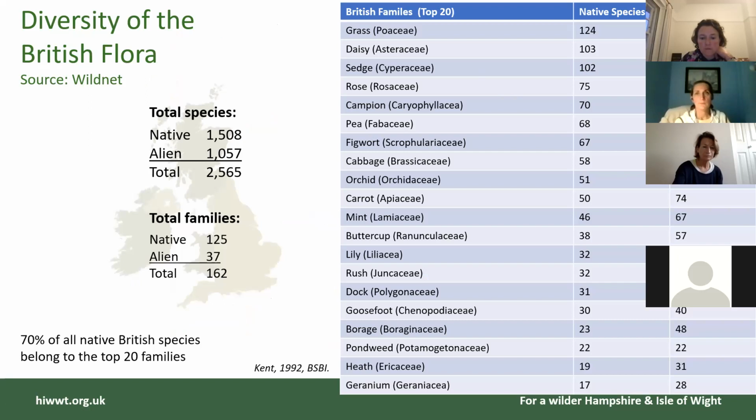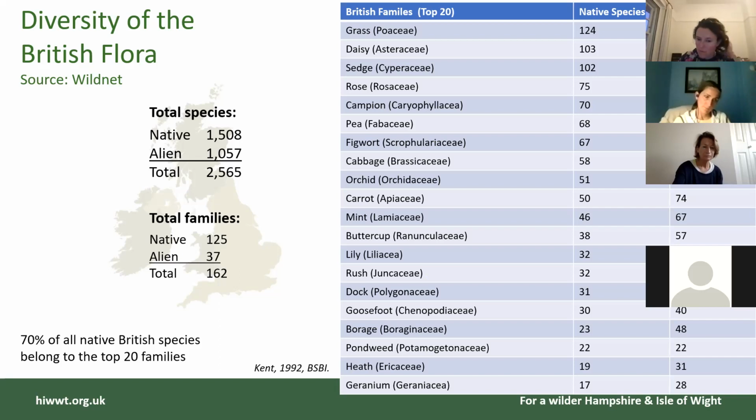We won't look at grasses because that's a very complicated, tricky one. But if we pick some of these top family groups, then you would find a huge number of different wildflowers, common weeds, you might call some of them, fall within those groups. And if you can get to know what a family group looks like, what the characteristics are of some of those, then you'll be able to spot plants that fit into those family groups, and that makes it much easier to identify.